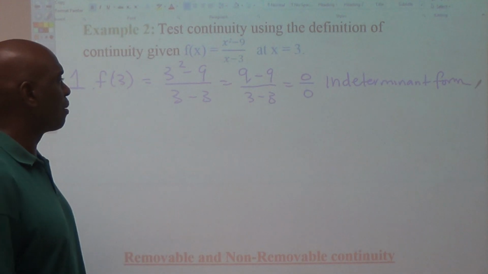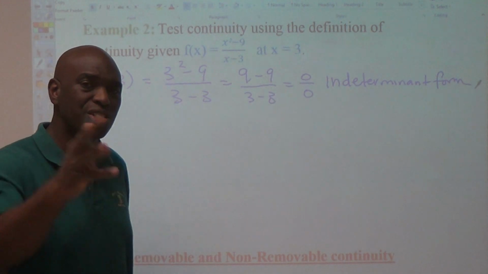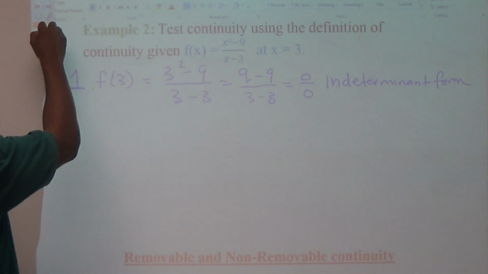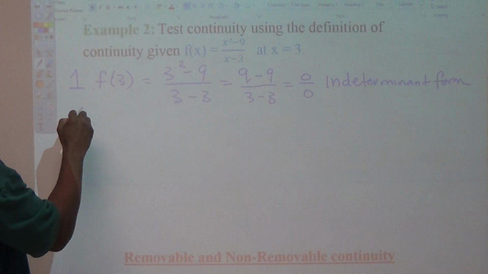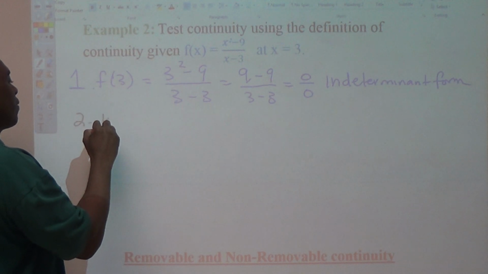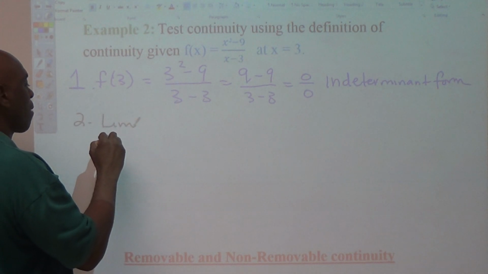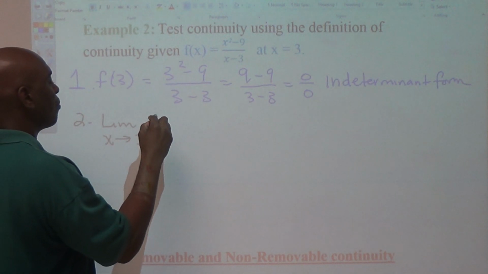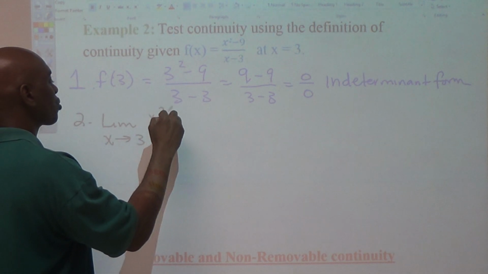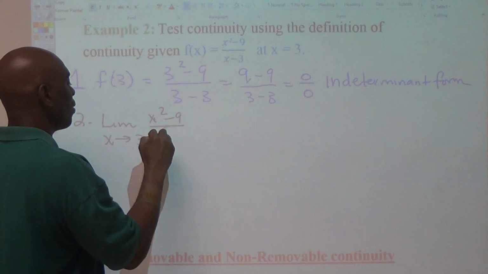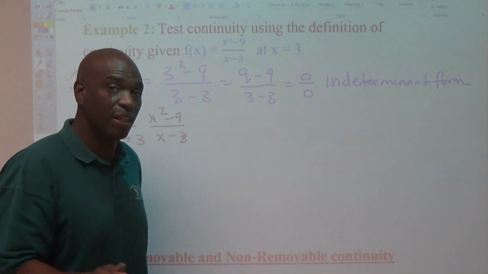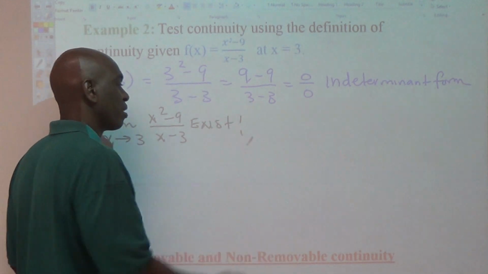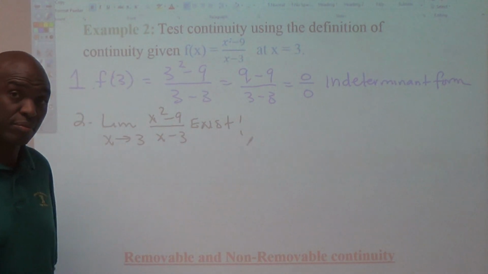That's indeterminate. Well, okay, let's go to condition number 2, and let's see what happens. Condition number 2 says, let's see if the limit as x approaches 3 of x squared minus 9 over x minus 3 exists.